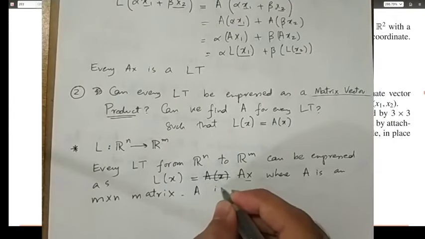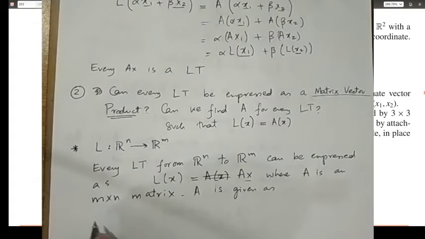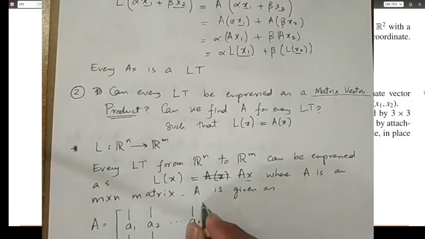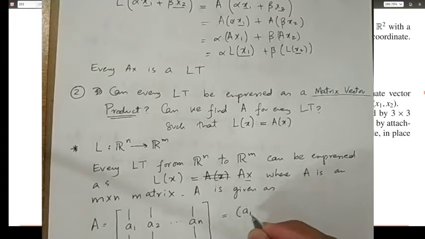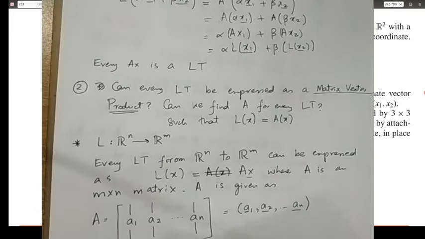A is given as follows. Let's write A as columns: A1 is the first column, A2 the second column, and so on. A will have n columns here, so I'm writing A as column vectors A1, A2, up until An.